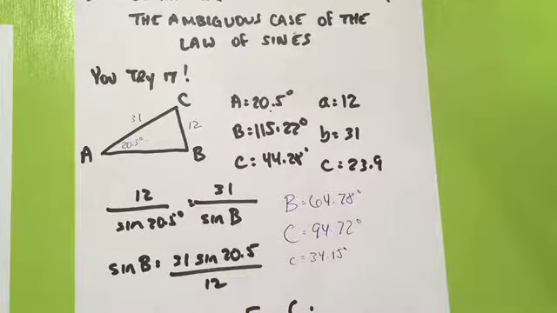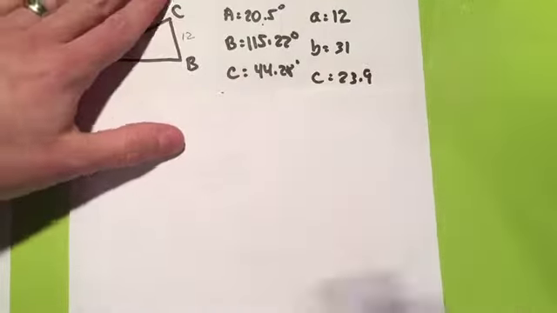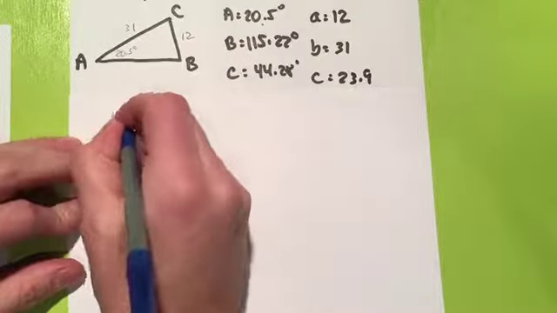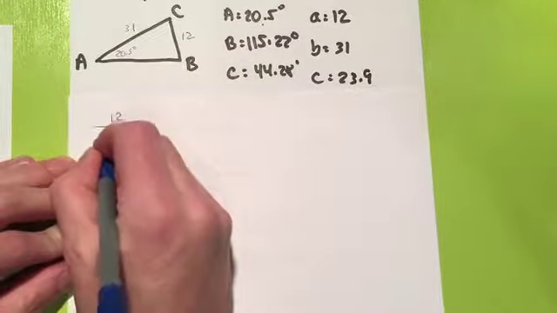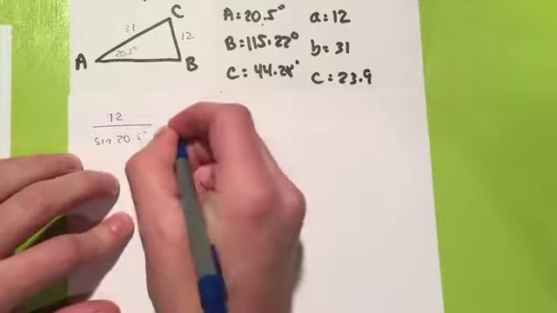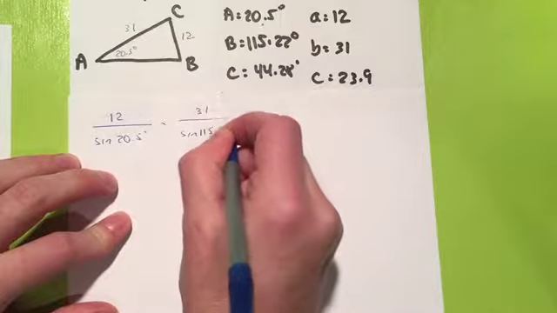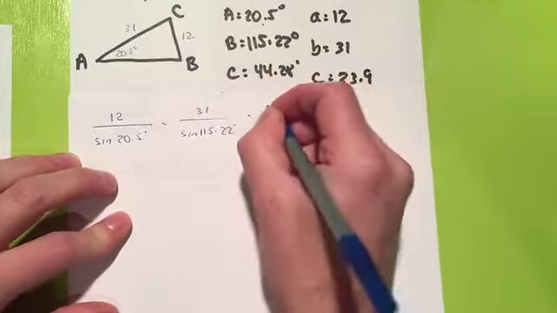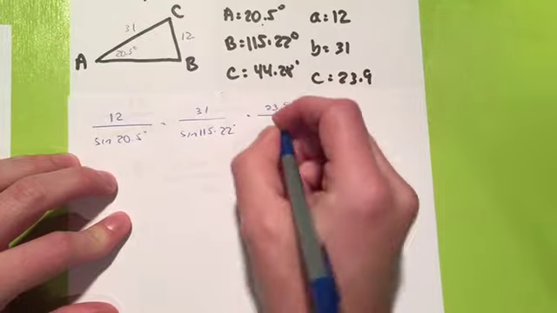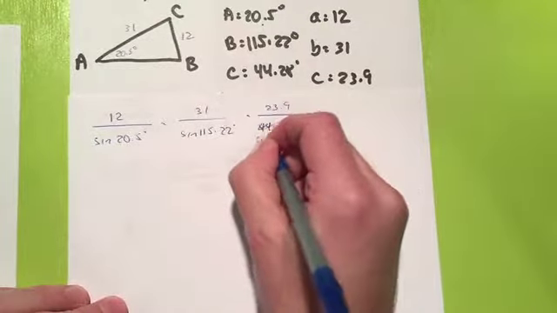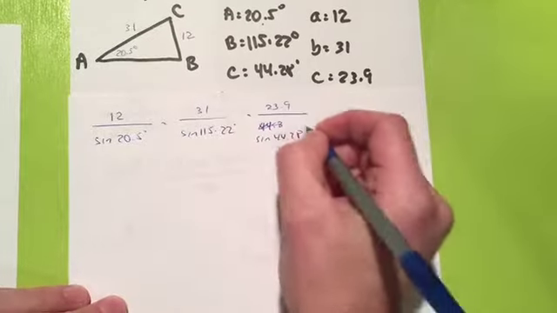Well, in that case, who's right? Let's check it out and verify. My numbers: if we plug all this into the formula, we should have 12 over sine of 20.5, 31 over sine of 115.22, and 23.9 over sine of 44.28 degrees.